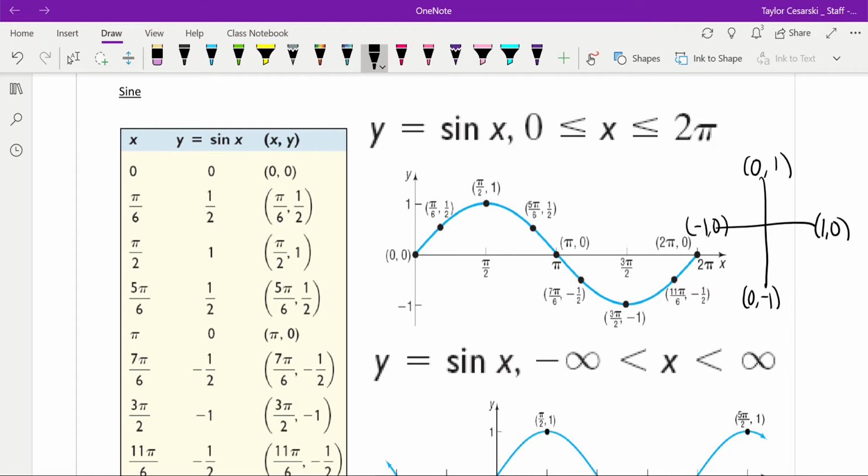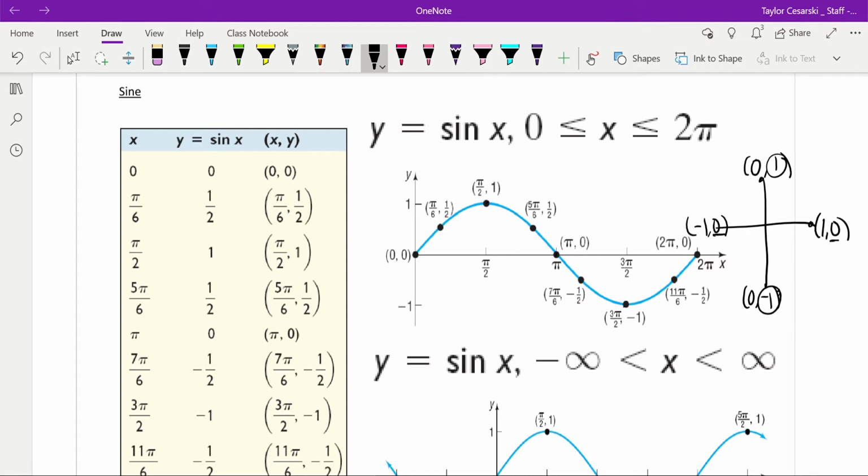So at 0, which is over on the far right, my sine value is 0. At pi over 2, my sine value is 1. At pi, my sine value is 0. At 3 pi over 2, it's negative 1, etc.